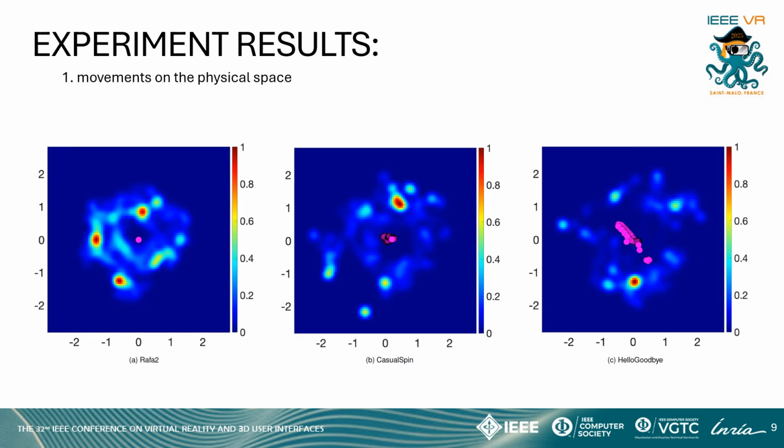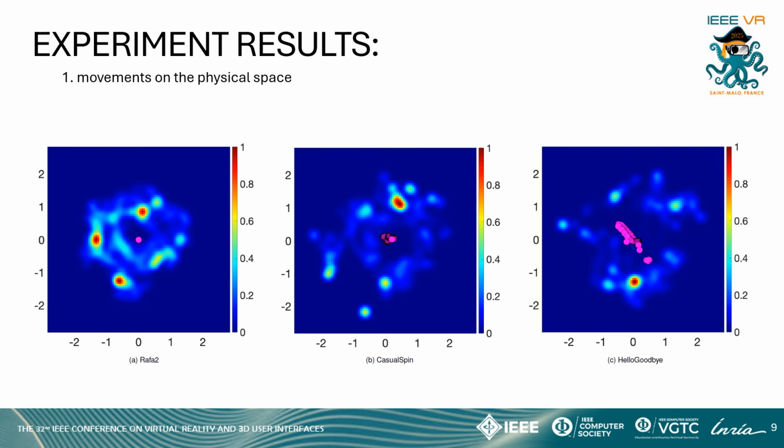Here I only show you the movement of the user, the trajectory in the physical space. The red dot represents the movement of the point cloud, and the heat map is the trajectory of the user.